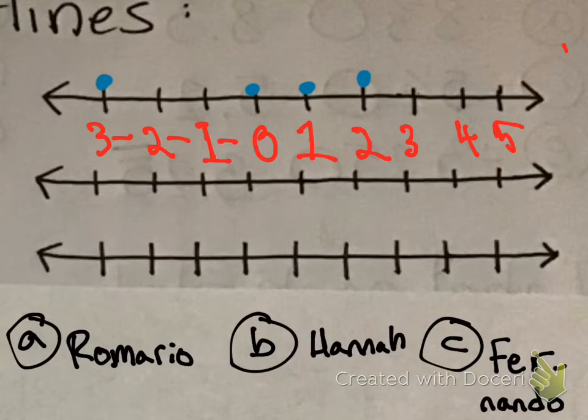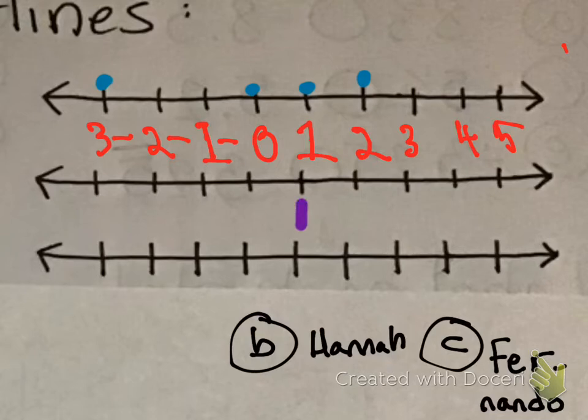It's correct. Hannah's graphing our second number line. Oh, hold on. You're using the big one, but it's okay. There you go. Keep going with the thin one.